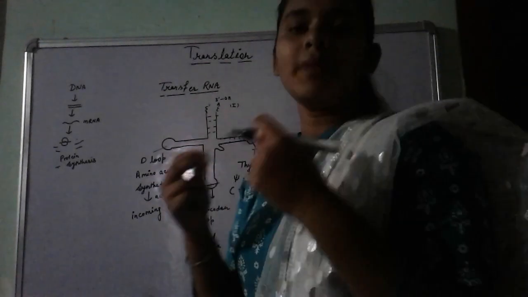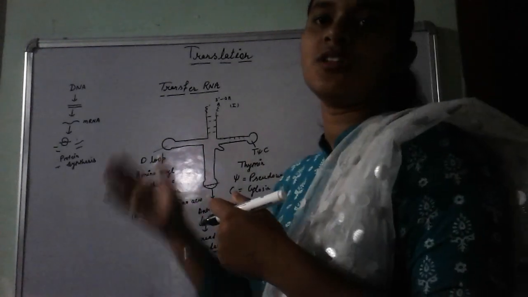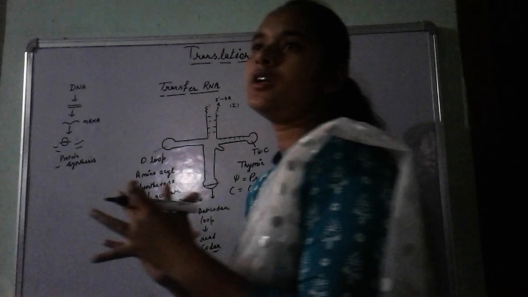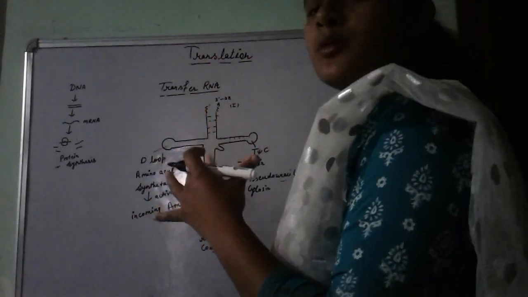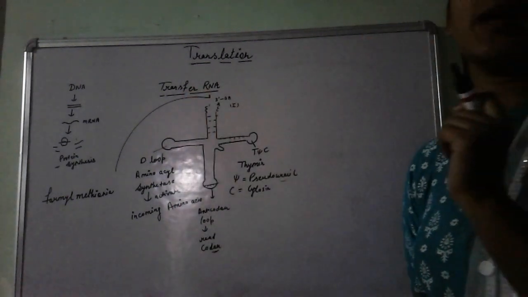Now the main question arises: which amino acid attaches with the 3' OH, right? The main amino acid which attaches toward the 3' end is formyl methionine, right? So this formyl methionine attaches to the 3' OH of this transfer RNA.